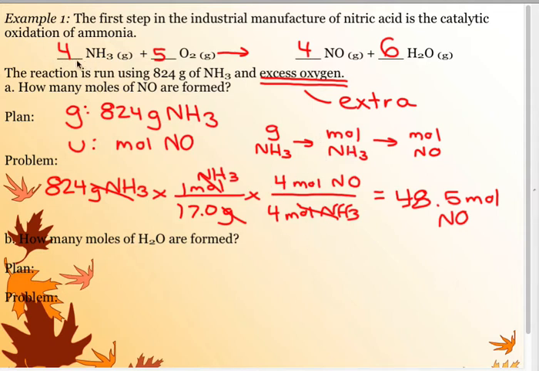So I go to my chemical reaction, and I have 4 moles of NH3 for every 4 moles of NO. So I have my mole ratio there. If you want to, you could write 1 to 1. It's just I don't simplify because I don't want to mess myself up, but you are welcome to if you want to. Make sure everything cancels, and it does. And then do your math, and you should get 48.5 moles of nitrogen monoxide.